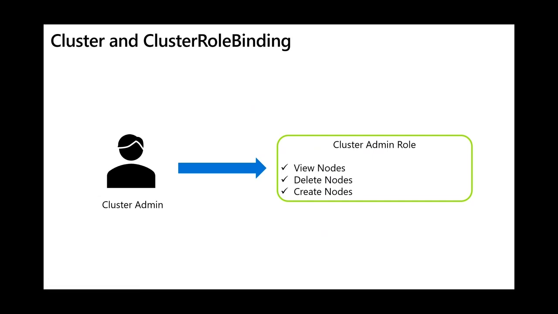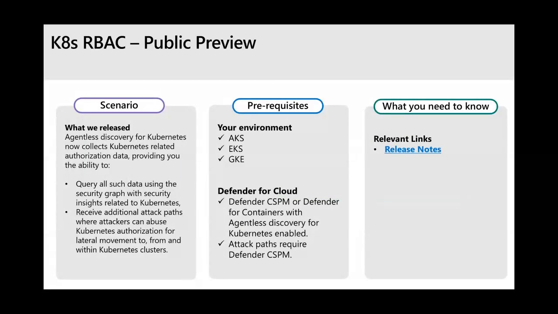Now, with all of this in mind, we can discuss more about how we've included this within Defender for Cloud. So as part of the latest updates to agentless container posture, we've expanded our discovery of the Kubernetes cluster to include Kubernetes identity and access information.